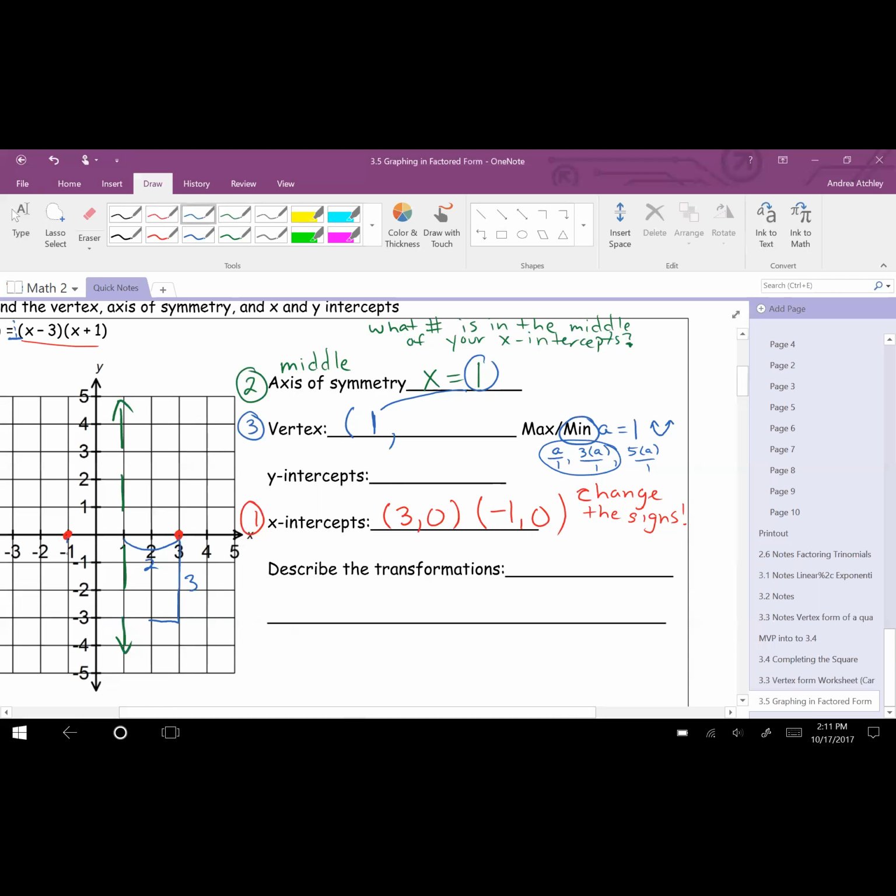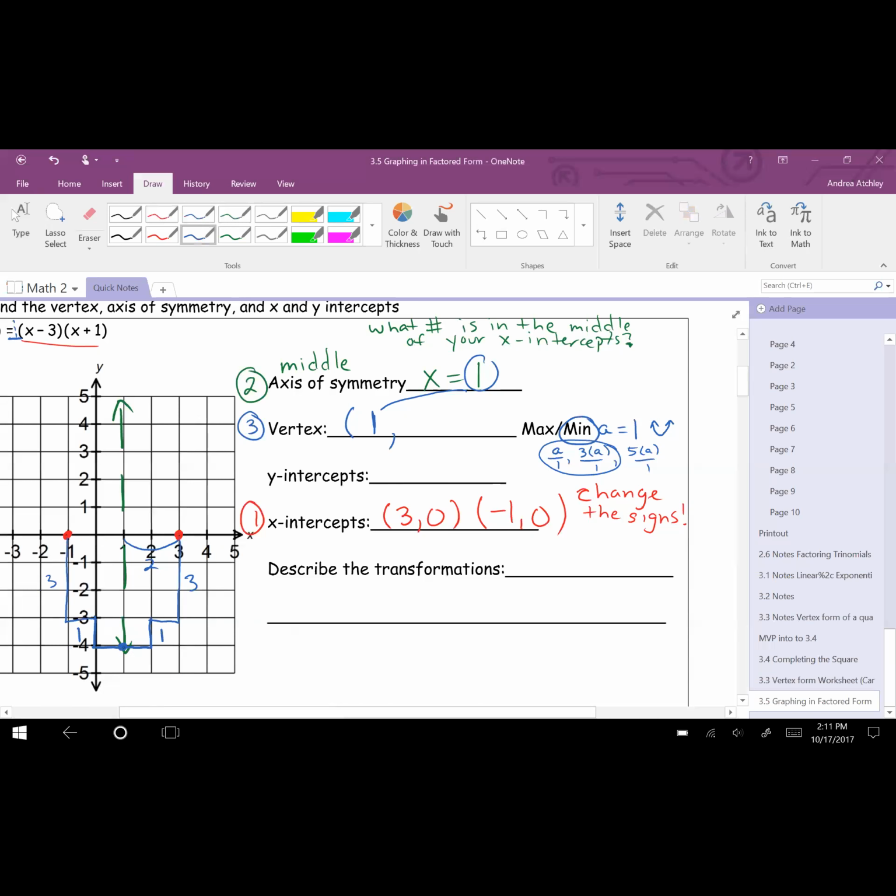And on this side, I'm going to do the same thing, down 3 and over 1. Then I'm going to do the next step, which is down 1 and over 1. Down 1 and over 1. And now I'm on my axis of symmetry, so I have my vertex.